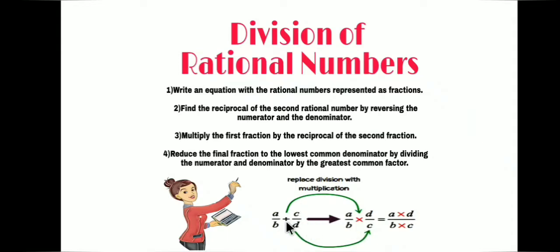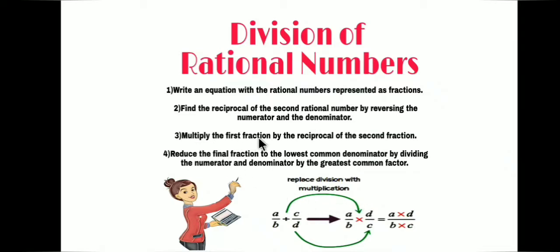Then we will change the sign from division to multiplication. This means that when a upon b is divided by c upon d, this is equal to a upon b into the reciprocal of the second rational number.